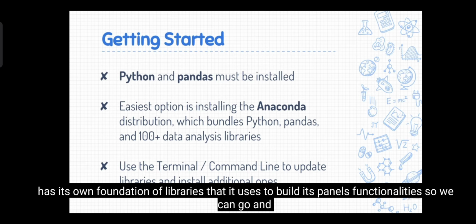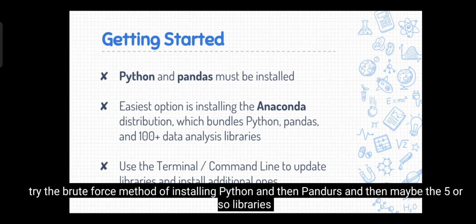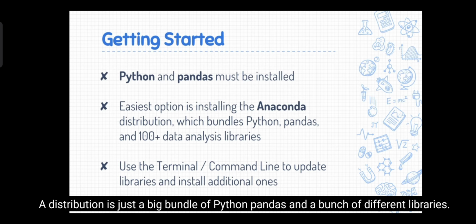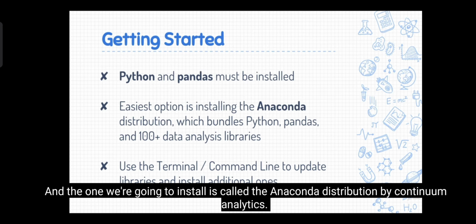It has its own foundation of libraries that it uses to build its Pandas functionalities. So we can try the brute force method of installing Python and then Pandas and then maybe the 5 or so libraries that we need in addition. But a much easier path for us is installing what's called a distribution. A distribution is just a big bundle of Python, Pandas, and a bunch of different libraries. And the one we're going to install is called the Anaconda distribution by Continuum Analytics.